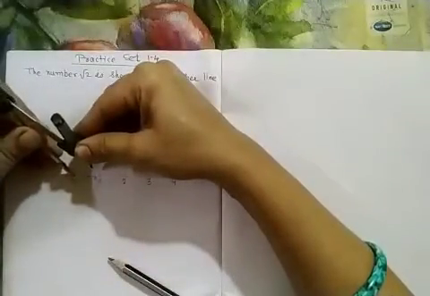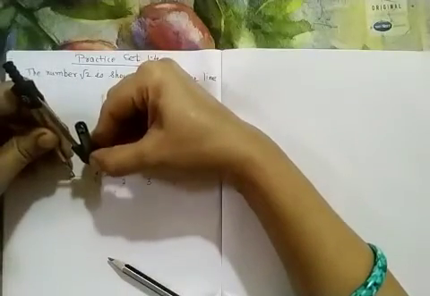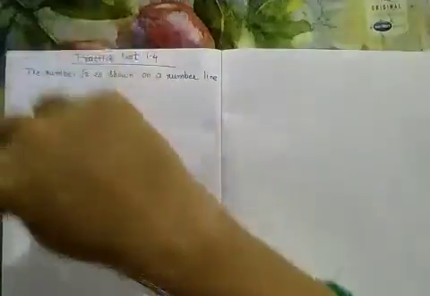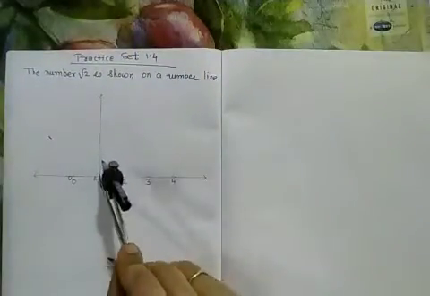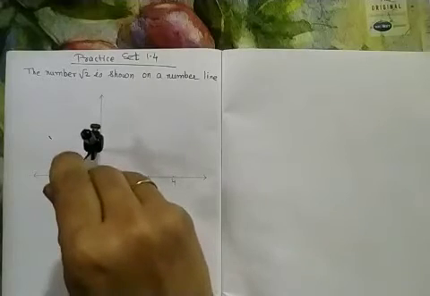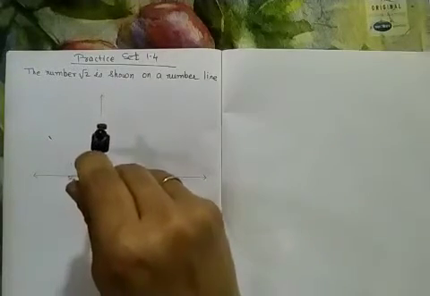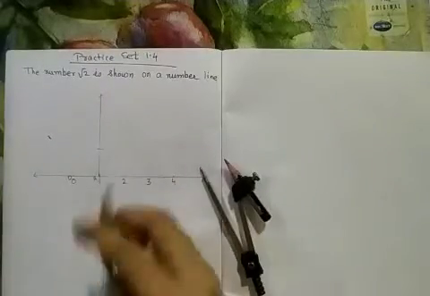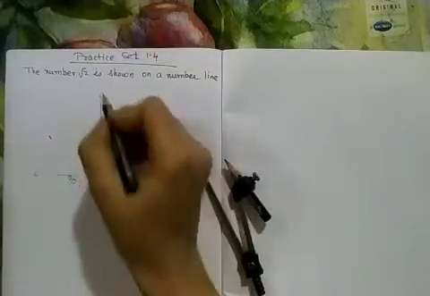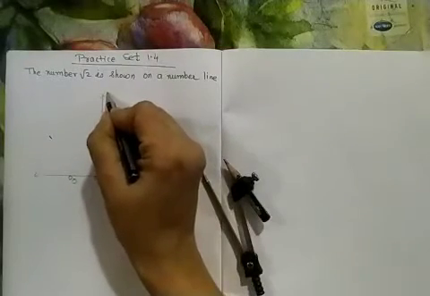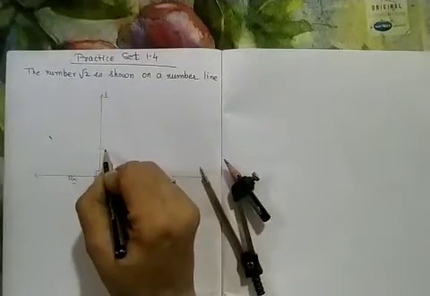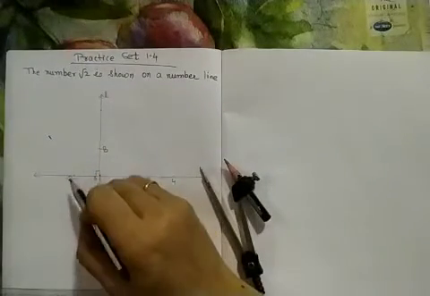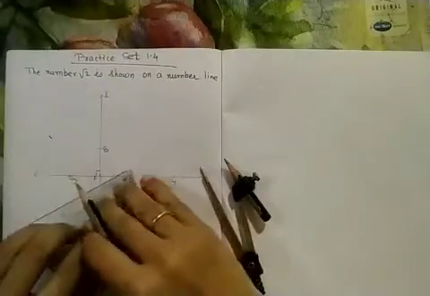I will keep the still point on O and the pencil tip on A, like that. This distance is 1 unit, and this distance I will mark over here, meaning I will keep the still point on A and the pencil tip over here and mark the point here. Now this is a perpendicular distance. This line I am giving the name L, and here the point I am giving the name B. Now I will join point O and point B.